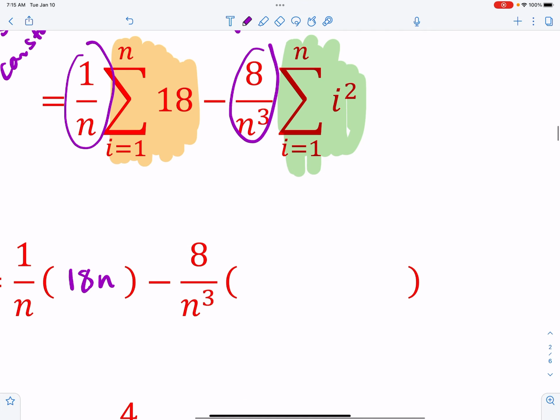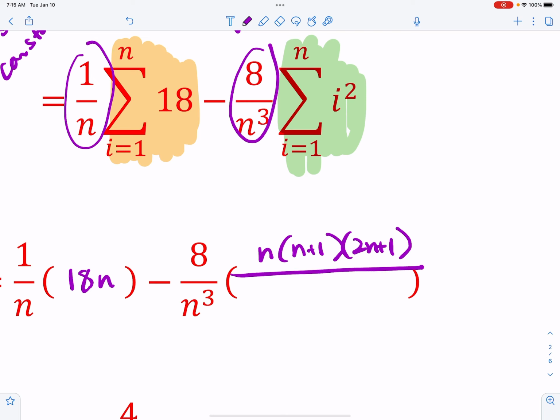And then using the formula for I squared, that would be n times n plus 1 times 2n plus 1, divided by 6.